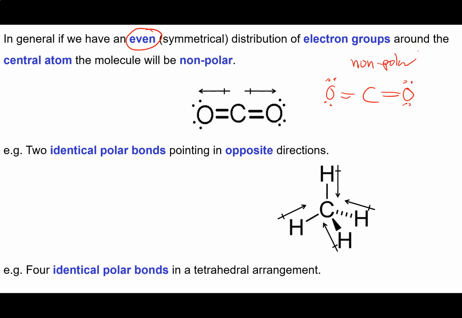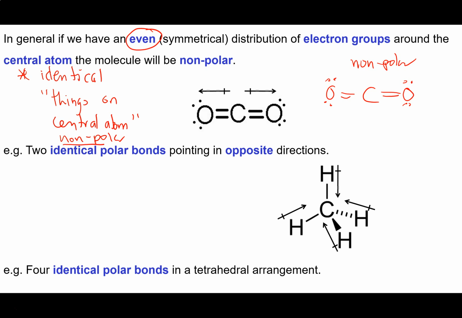So you don't necessarily need to think about how these polar arrows add together to determine whether a molecule is polar or not. If it has identical things on the central atom, it's going to be nonpolar.